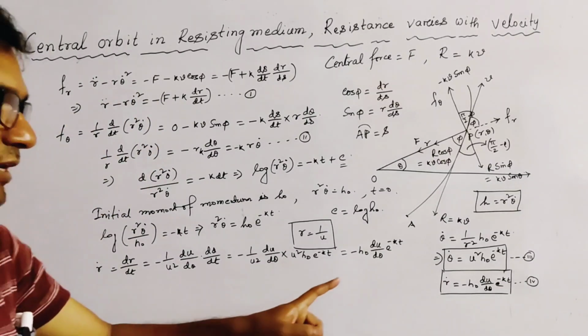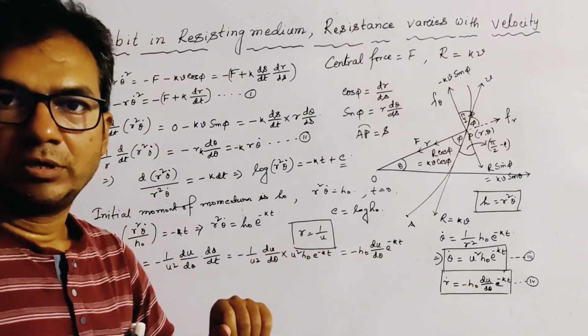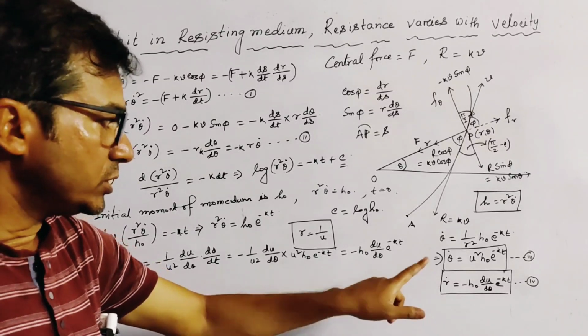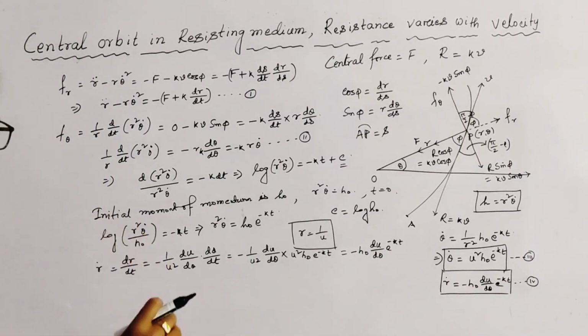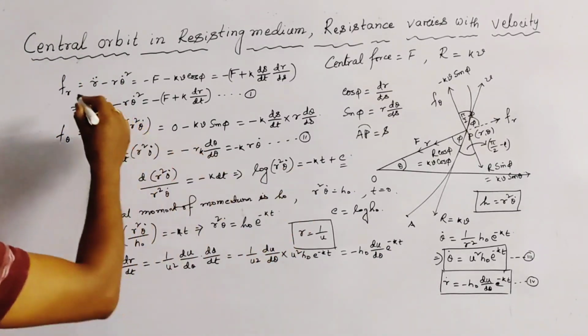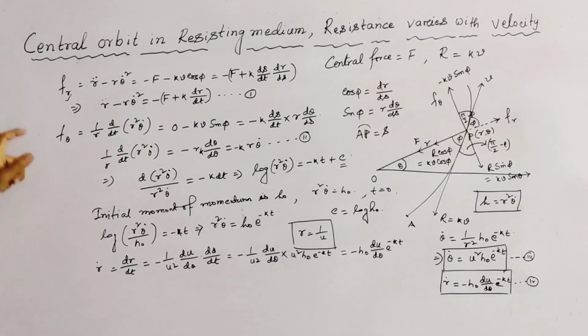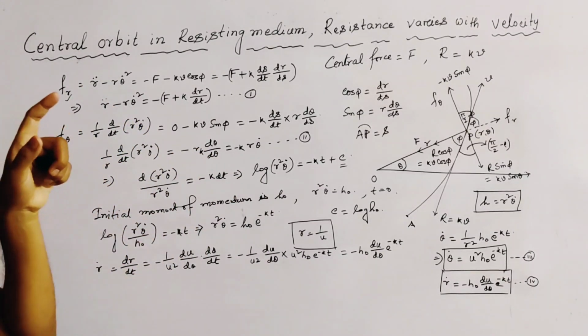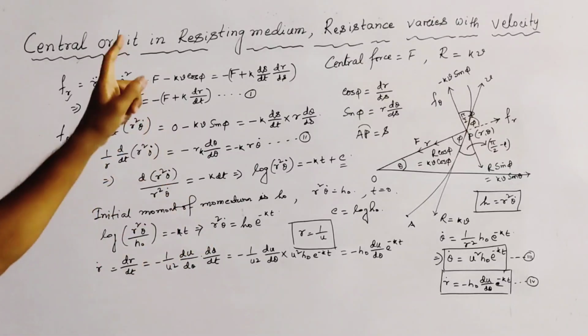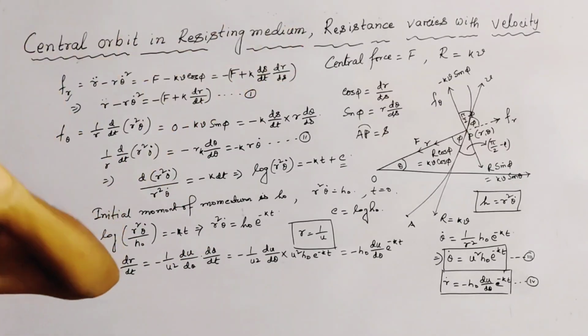Now we try to find r̈, because we put the values of ṙ, r̈ and θ̇ in the first equation, and we get the final differential equation of central orbit in resisting medium.